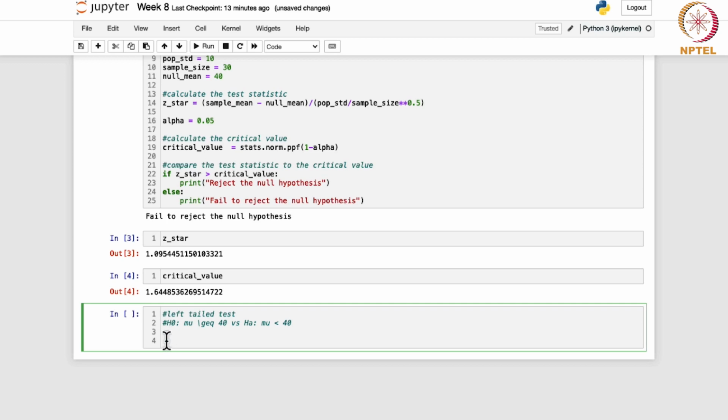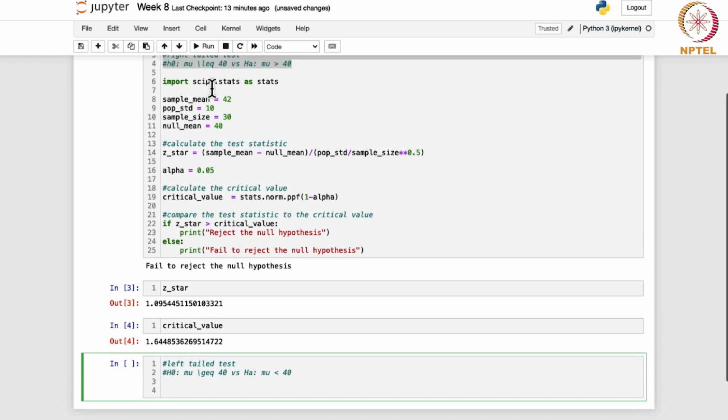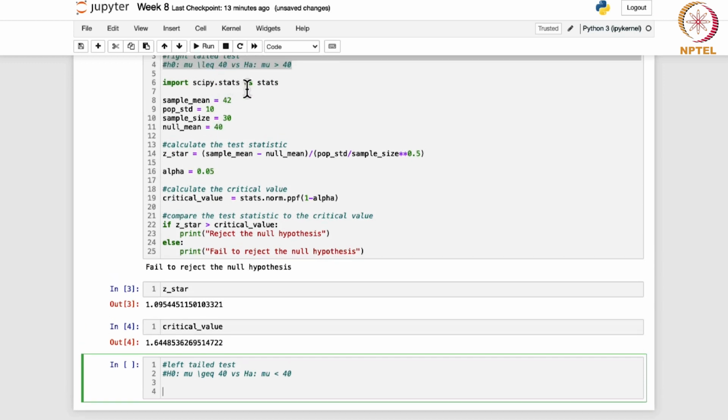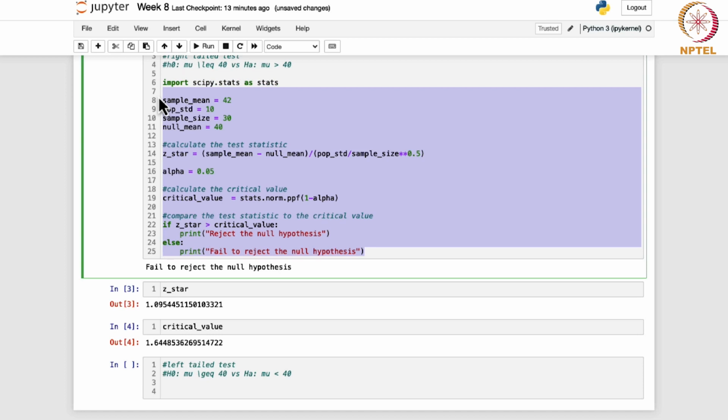Now let us use the same data. We have already imported the scipy.stats library. Sample mean is 42. In fact, you can just copy the entire thing, and I will tell you where the difference will be.